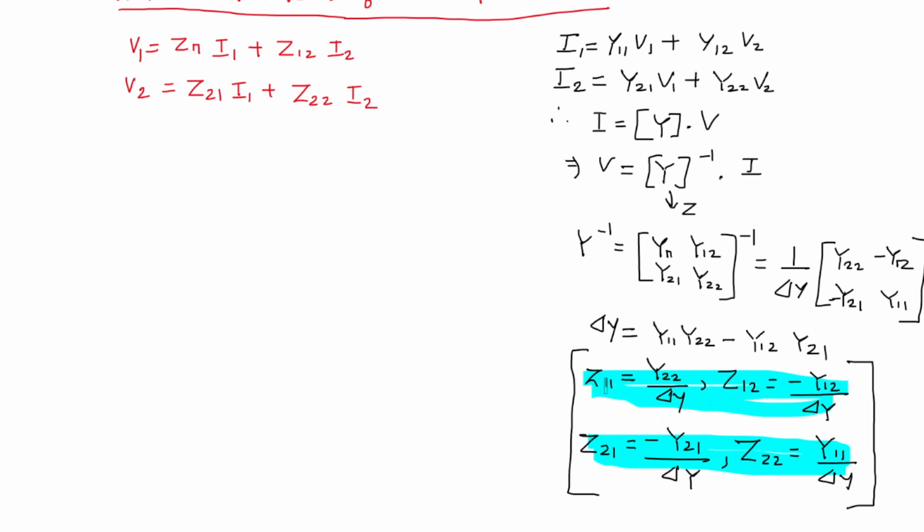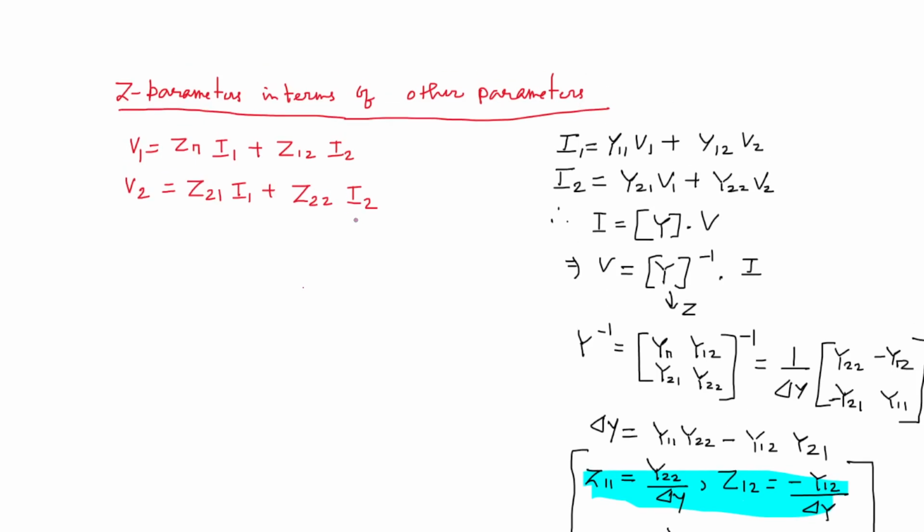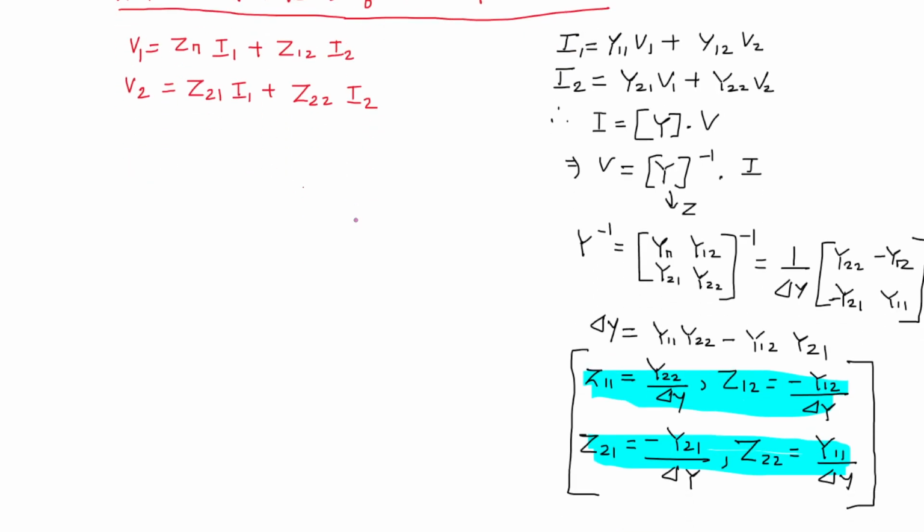So moving on, our next parameter, which is ABCD parameter. Okay, so the governing equation is V1 equal to AV2 plus BI2 and I1 is equal to CV2 plus DI2.